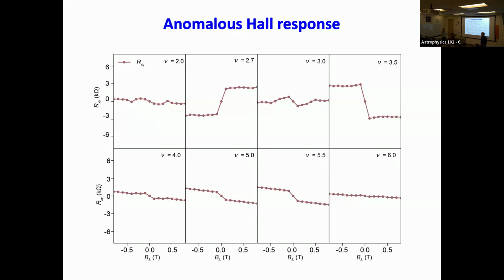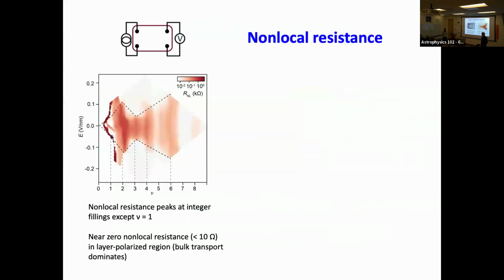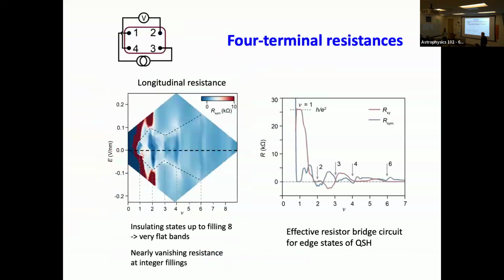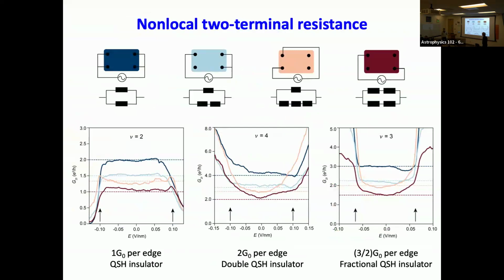Maybe I missed it, but in the two terminal conductance, have you excluded the possibility of additional trivial edge states? Like you could have a one-dimensional channel on the edge.